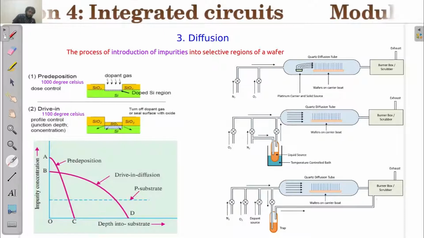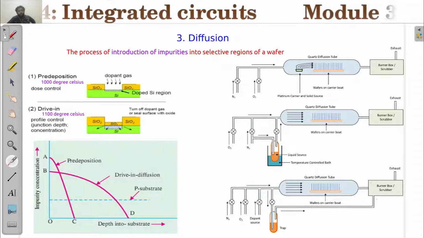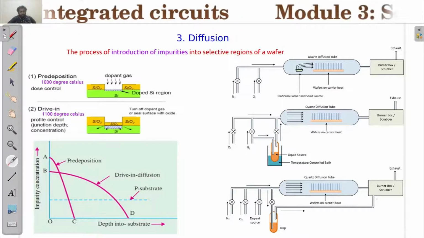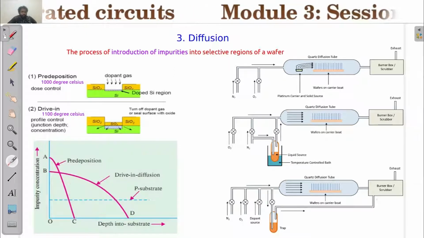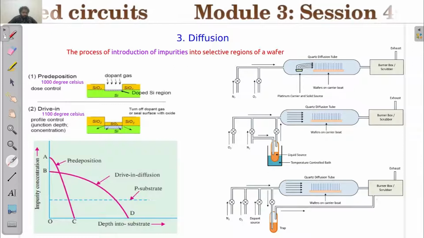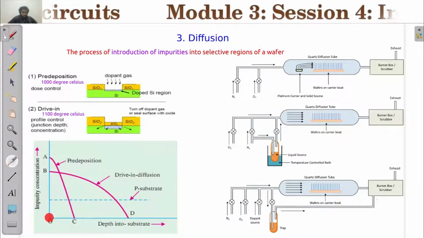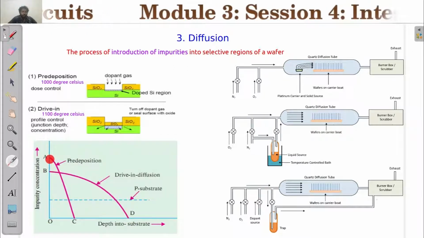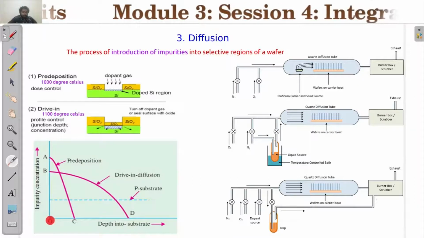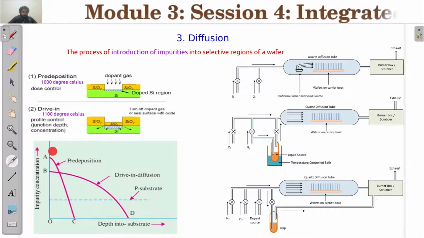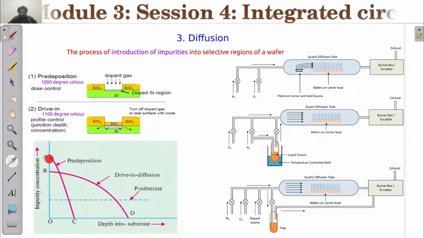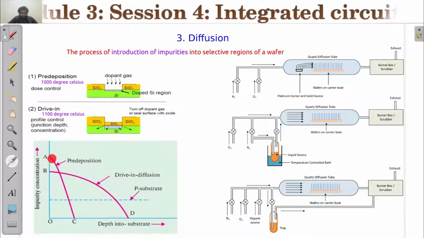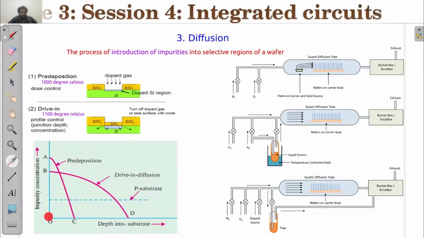In the case of pre-deposition, we have a very high concentration on the surface of the substrate, represented by the length OA, and you can see that the concentration quickly drops as you go into the depth of the substrate.